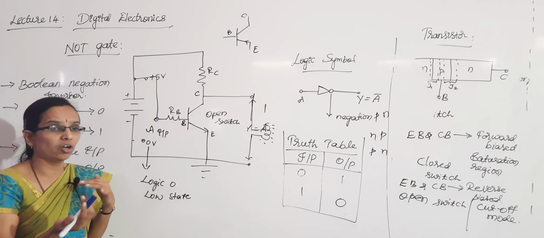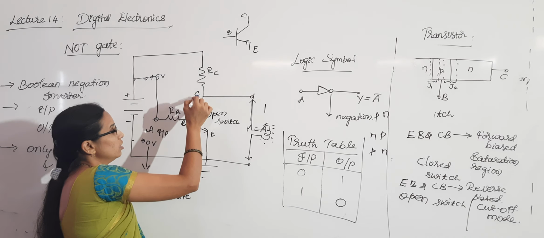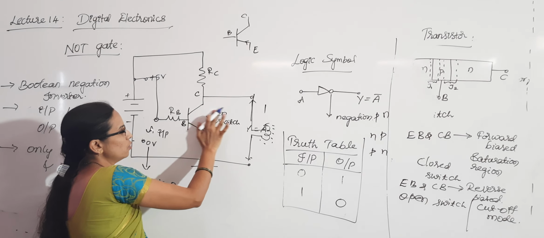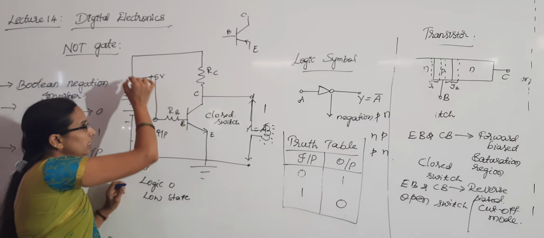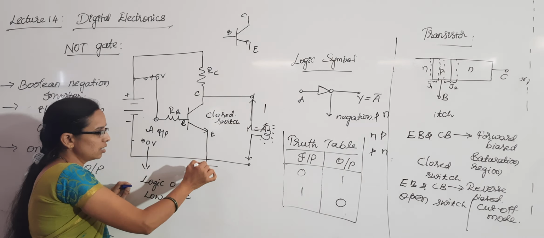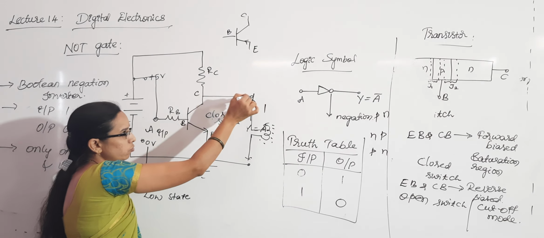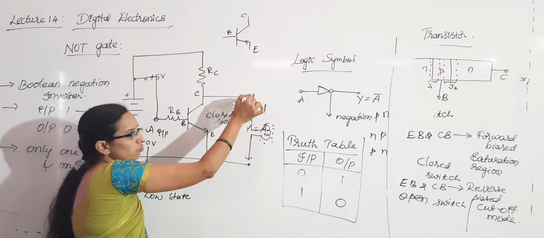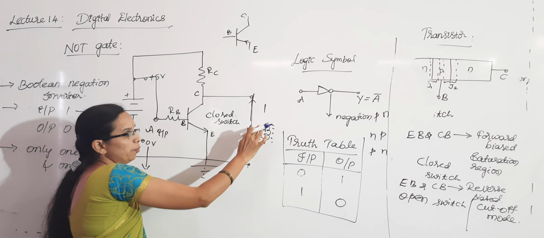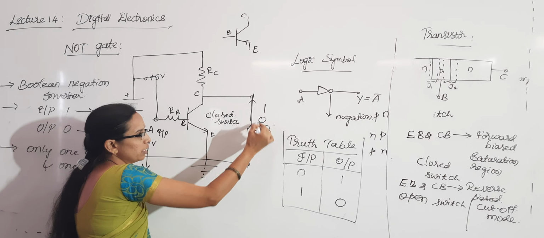The transistor will turn on, so it acts as a closed switch. All the current flows through the transistor to the ground. It finds a bypass here and no current flows through the load, so the bulb will not glow and the output becomes 0.